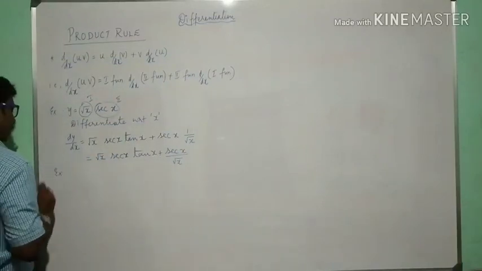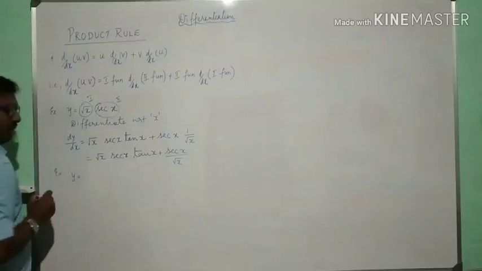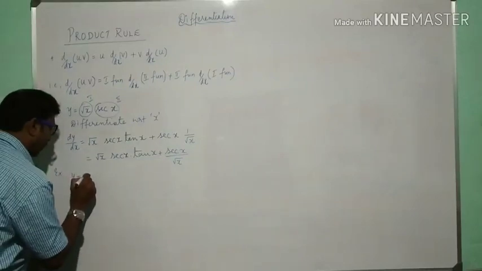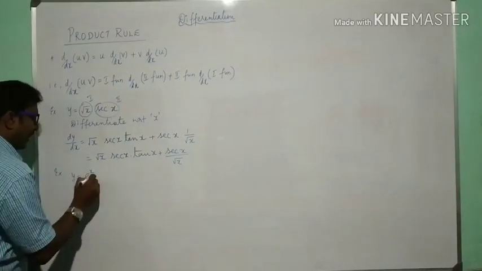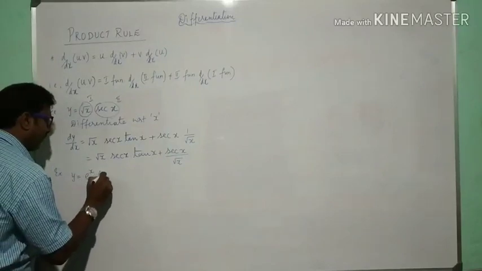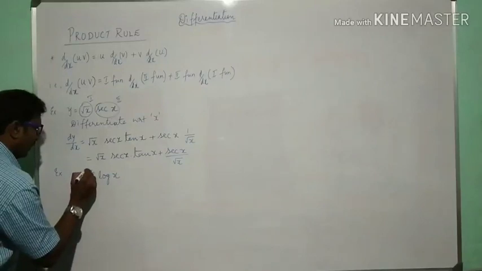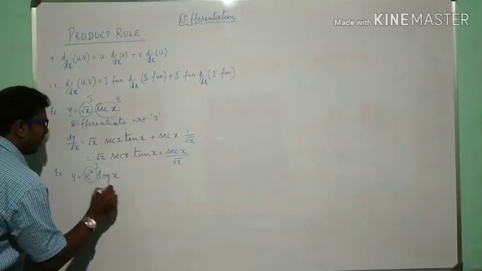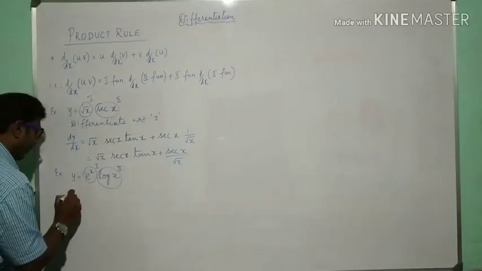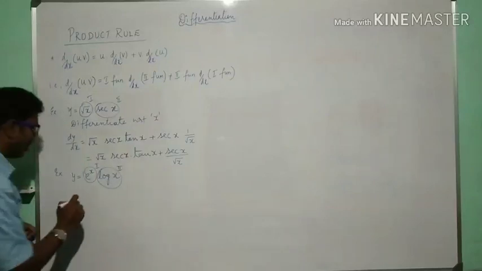Another example, let y is equal to e power x and log x. Now e power x is the first function, log x is the second function. Directly we can go for differentiating.